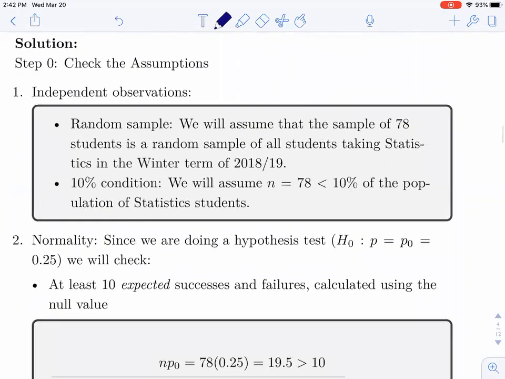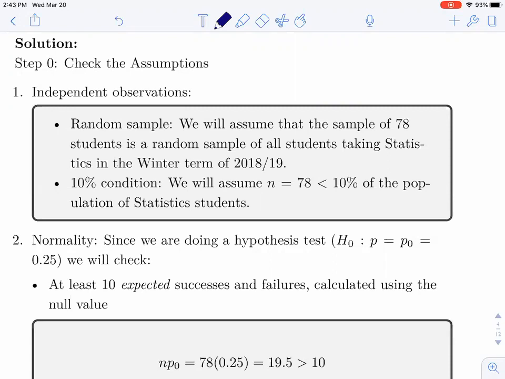All right. So I've thrown in, as part of proportions hypothesis testing, this step 0 where we check the assumptions. The first one being, okay, do we have independent observations? And so here's what I mean by, sometimes we just argue that we do.